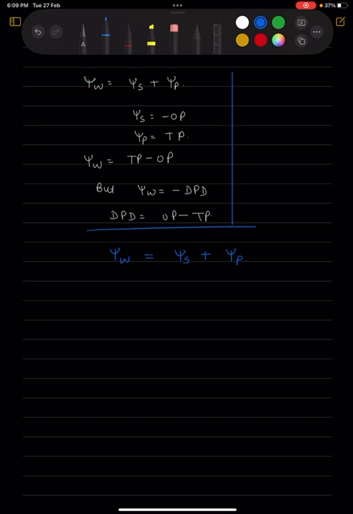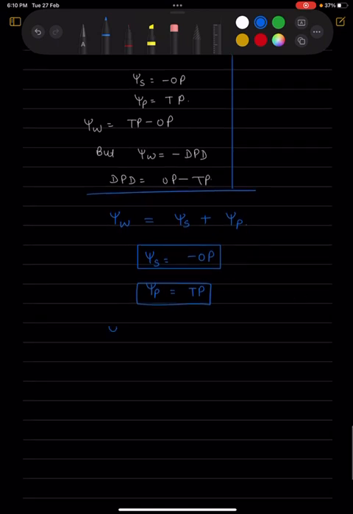Solute potential is the negative of osmotic pressure, as I told you when discussing the difference between osmotic pressure and osmotic potential. Another thing is that psi p, the pressure potential, is equal to the turgor pressure in the cell. You know these two things.